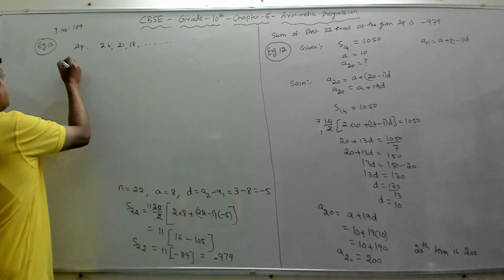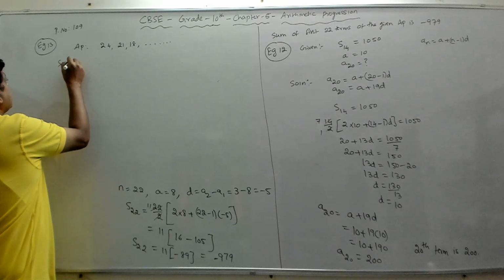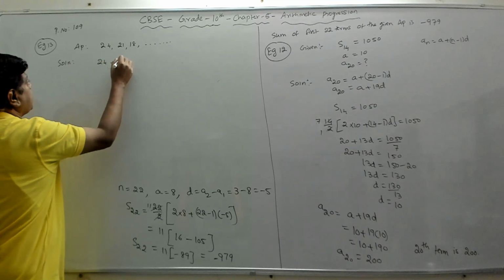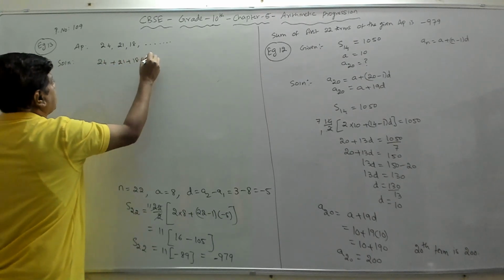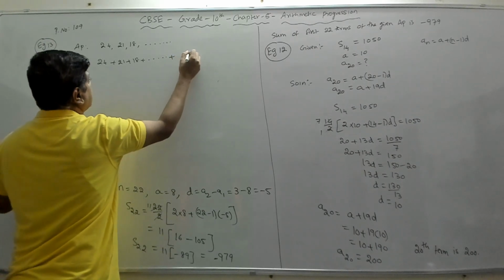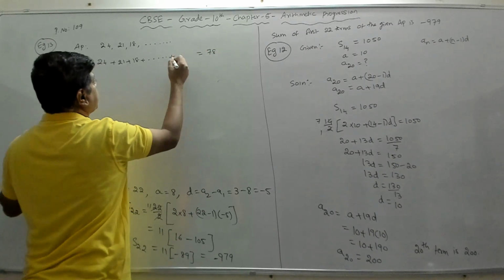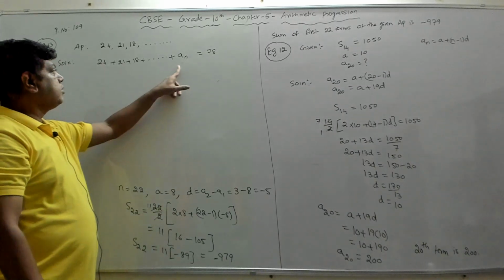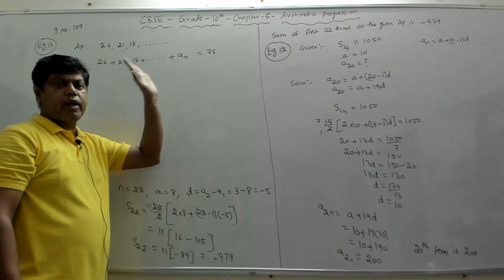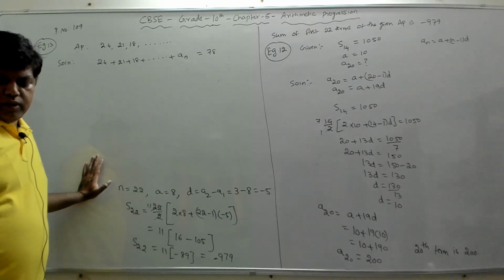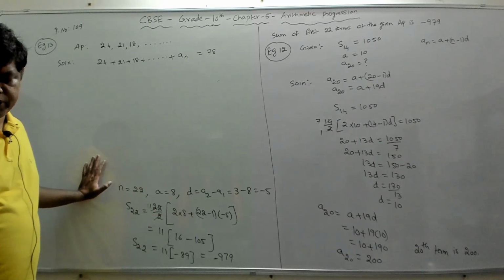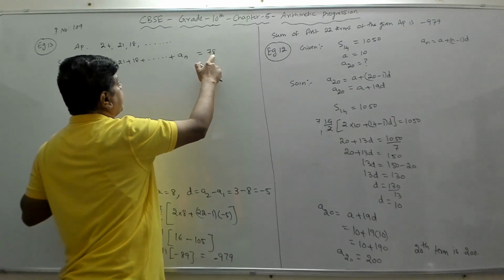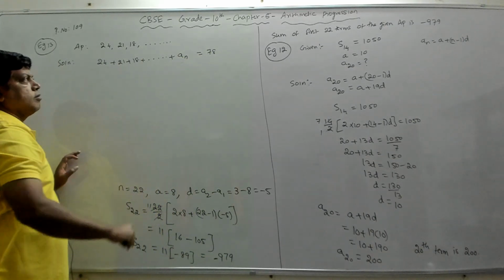So basically what they are asking is, the solution is 24 plus 21 plus 18 plus dot dot dot, plus what will give you 78, till how many terms? We'll take the last term as an, since we don't know it. So how many terms must be taken so that you get the sum as 78?